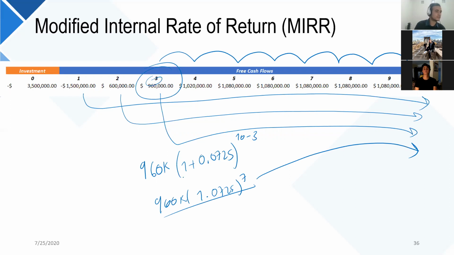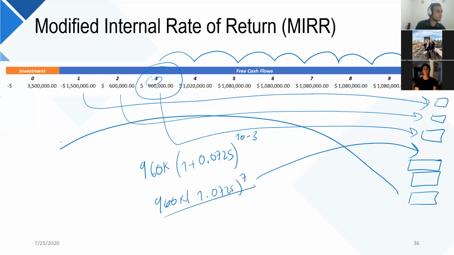But this amount will be here, and then you will need to calculate all the other amounts, the future terminal values, and then decompound them to the net present value, and then turn them into 0 and find the rate at which those terminal values are the same as the investment, which is this one.